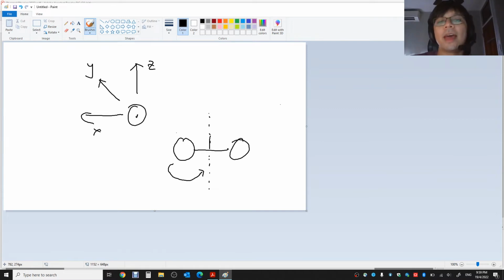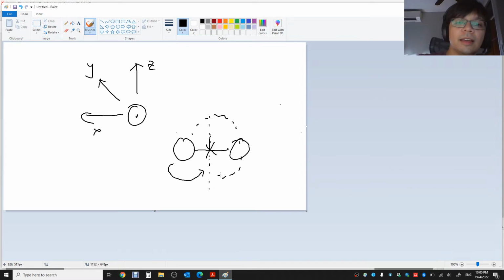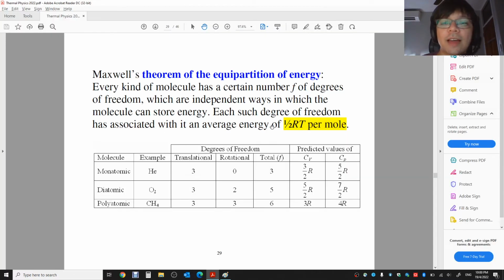Also, we can have an axis of rotation into the plane, represented by the cross, so it is rotating about this vertical axis. So there are 2 modes of rotation for the oxygen molecule, and each mode of rotation also gives us half RT of energy per mole, or half kT per molecule. This gives us a total of 5 degrees of freedom for such a diatomic gas.